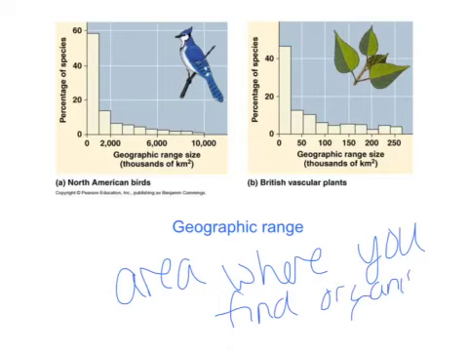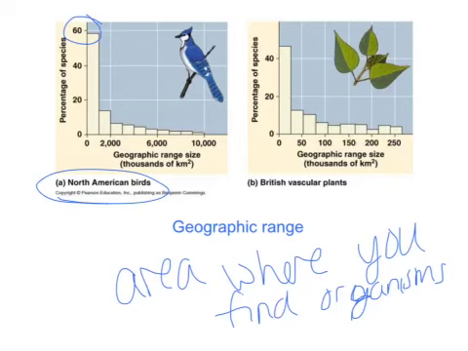If you look at these two graphs, one is for North American birds, and you'll see the largest percentage of species have a very small geographic range size. Same with the plants.